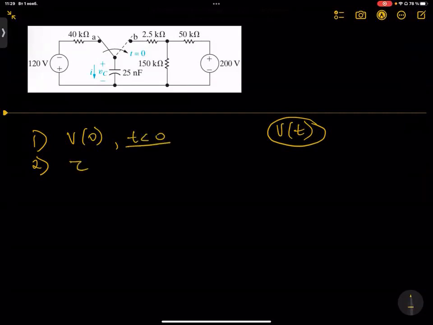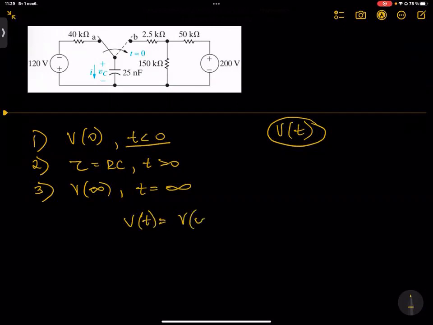Then we find the time constant, whose formula is RC, when t is bigger than 0, right after it goes above 0. Then we find V infinite when t is infinitely big. So the formula is pretty much the same: V(t) equals V infinite plus V0 minus V infinite, then e to the power of minus t over the time constant. Just learn this formula and memorize it. It's the same as before, except with V instead of I.